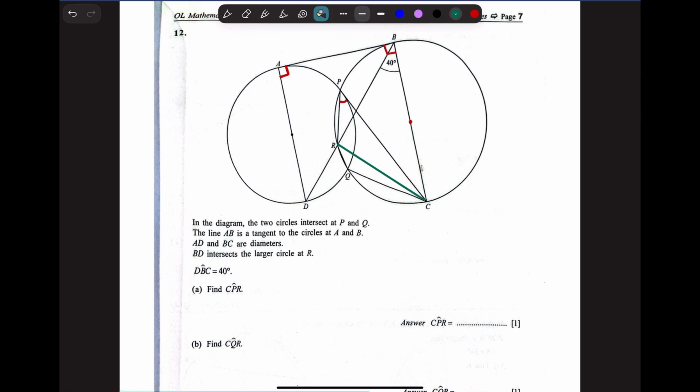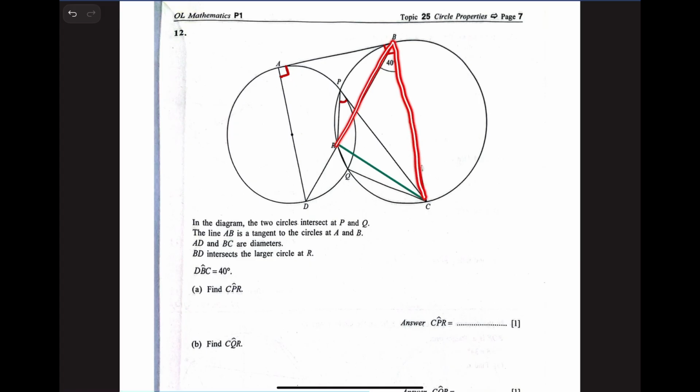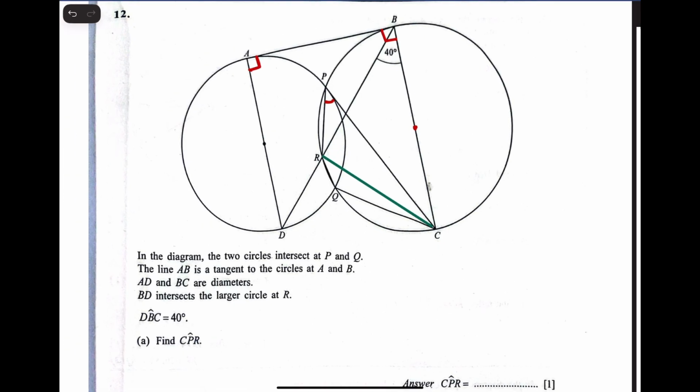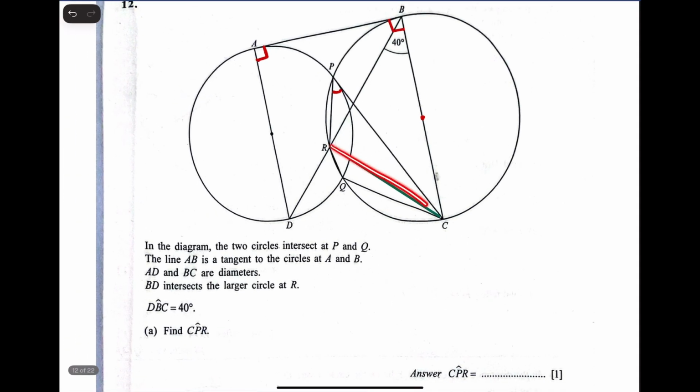Now see, the RC chord is making an angle of 40 at the circumference, and it is also making angle RPC. Angles in the same segment are equal, so if this is 40, this is also going to be 40.